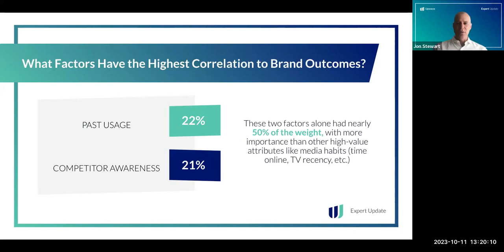So I think what we mean when we look at something like this is, take these two things together. You could look at this and say, wow, past usage and competitor awareness, are you retargeting and conquesting?